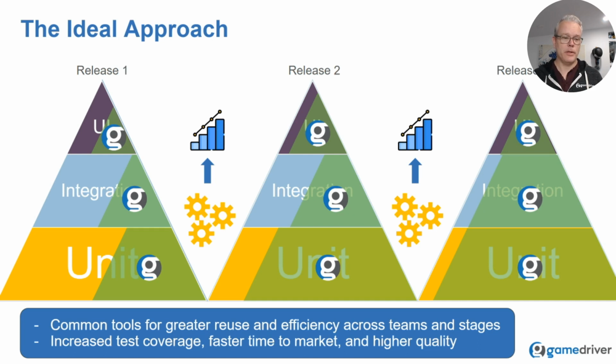Our tools allow teams to start during unit testing by adding GameDriver automated tests to their code, to build integration tests from examples from development, and then have end users execute tests as part of their play testing, run on real hardware in parallel so that they can achieve a much greater degree of efficiency than if they were performing those tests manually. Our customers see a much higher test coverage as a result, which gives them faster time to market and a much higher quality product in the end.